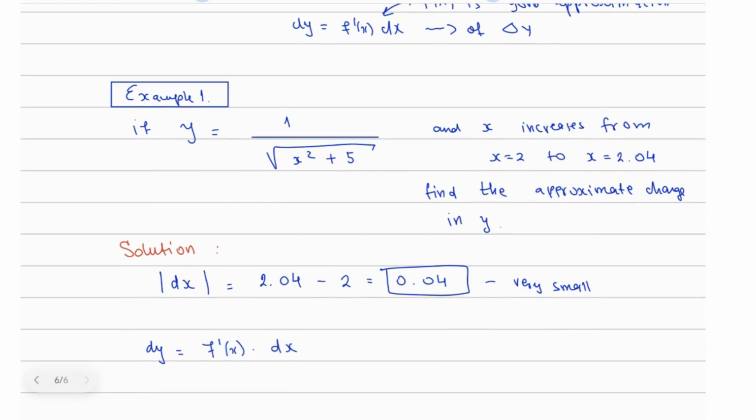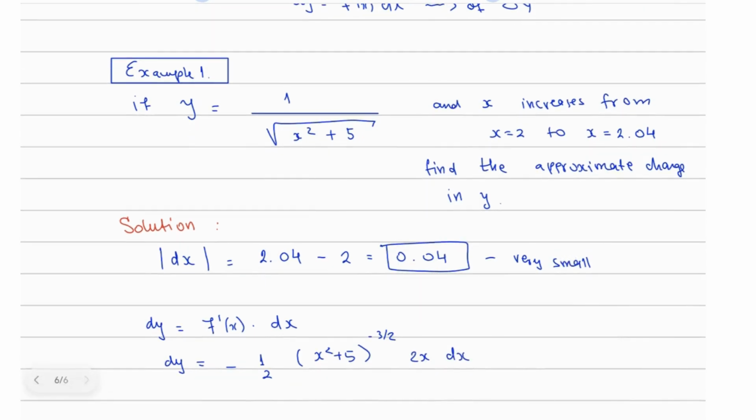And dy is minus 1/2 times x squared plus 5 to the power minus 3 over 2 times 2x dx, which we can write as minus x times x squared plus 5 to the 3 over 2 times dx.